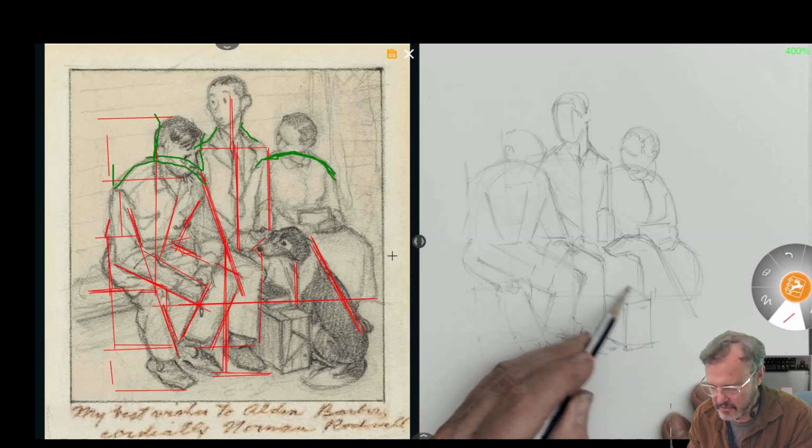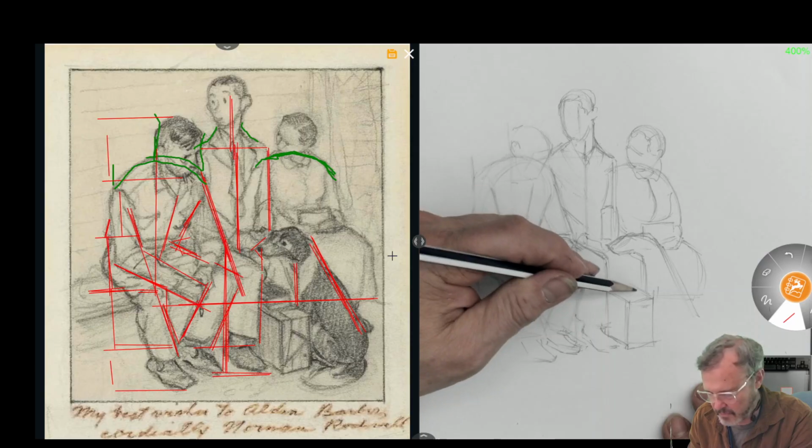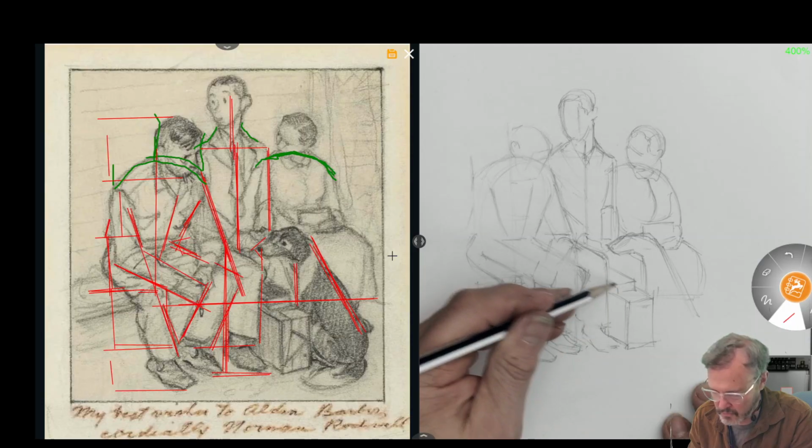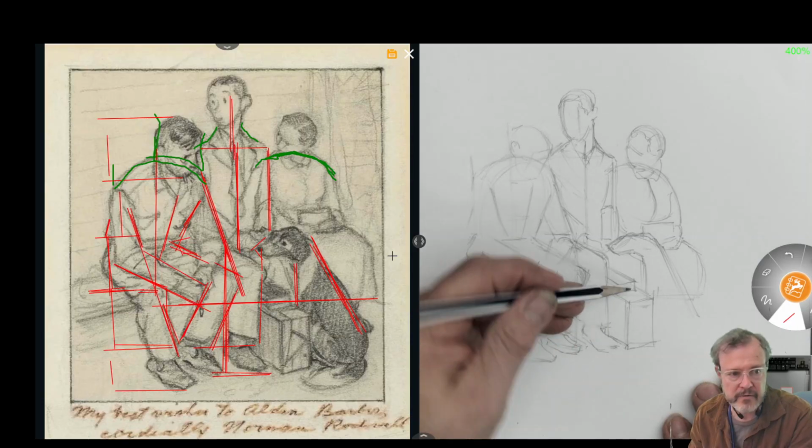So there's the little suitcase with the little bundle of books on top, whatever that is.